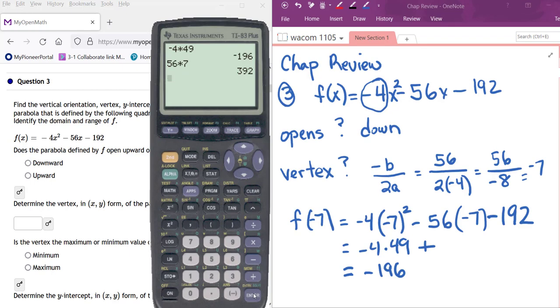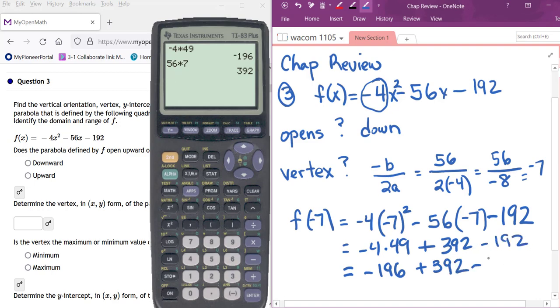So plus 392. And minus 192. So I've got 392. I'm going to do minus 196 minus 192. Enter. And I get 4. So your vertex of the parabola is negative 7, 4.